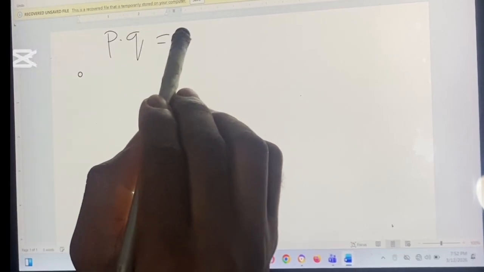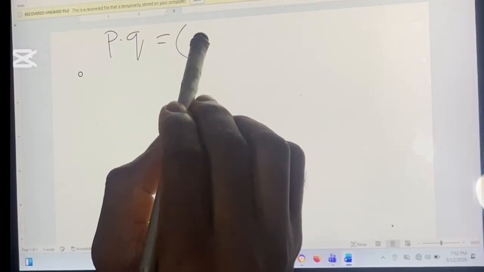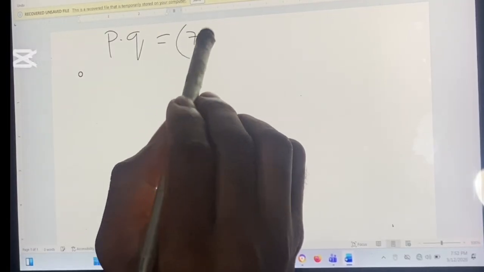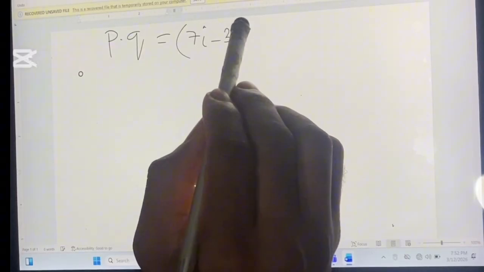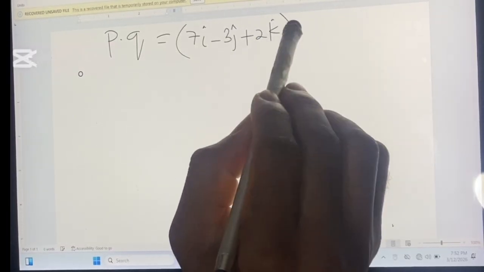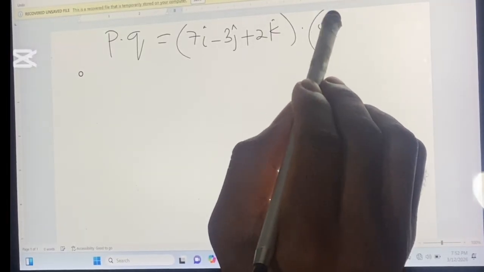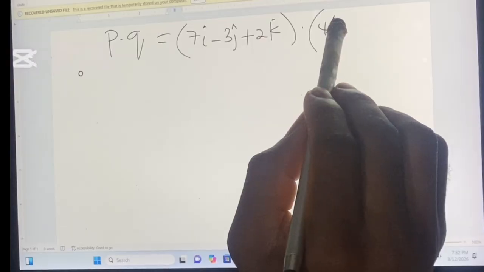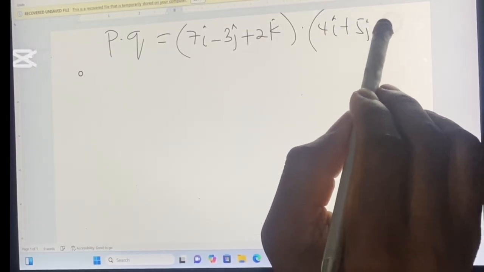Let's represent the vectors. The vector P is 7i minus 3j plus 2k, dot the vector Q, which is 4i plus 5j minus 3k.